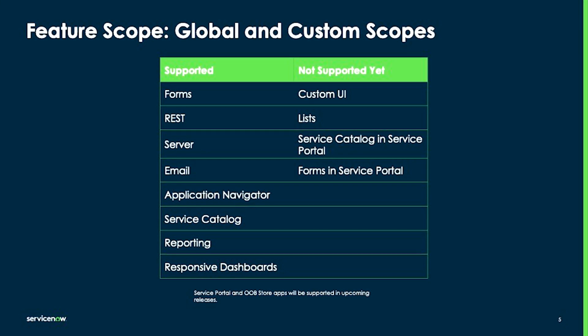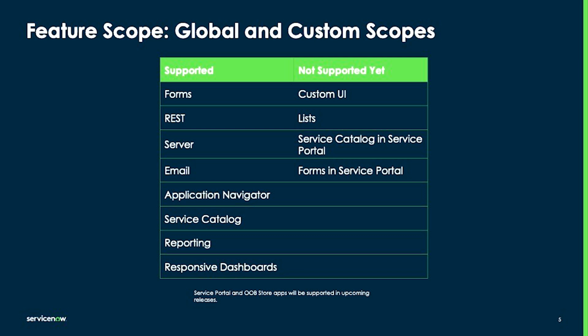So on the left-hand side, these are all the categories that we currently support right now. And the bits that we don't support right now include custom UI, lists in general, and then a service catalog in service portal, forms in service portals.